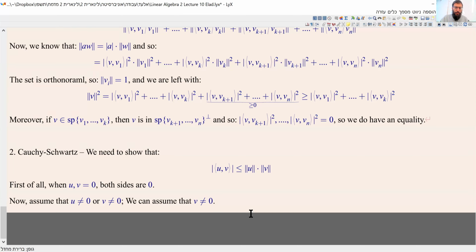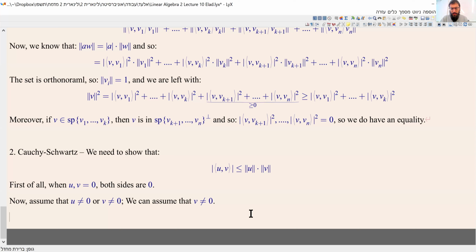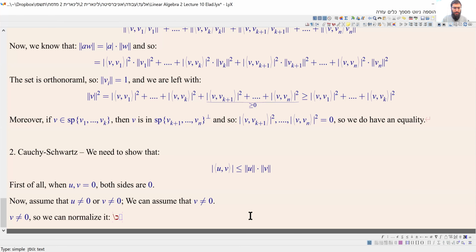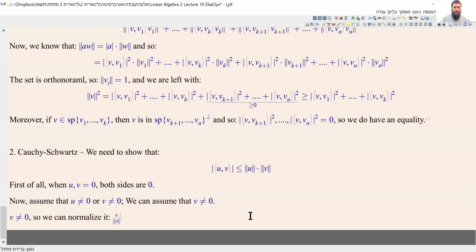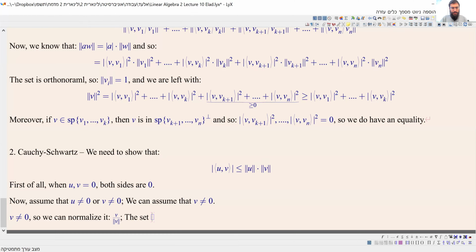What does it mean? V is not 0, so we can normalize it. Looking at V over the norm of V, we can look at the set of the normalized V, and that's all.